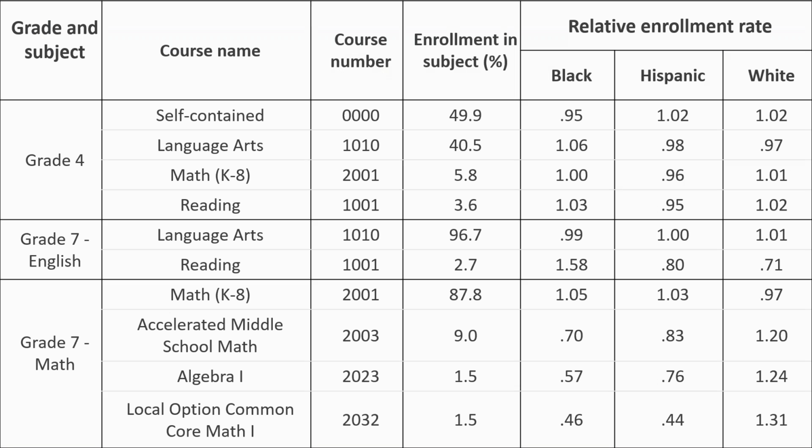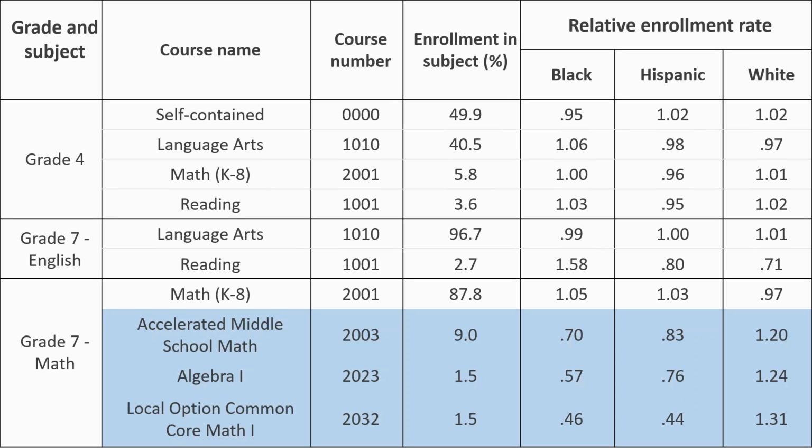Answer, yes. So I had a previous table like this, but now I've put on 3 more columns. And on the right, you have an index where 1 says this group took this course as much as everybody else did. Over 1, it says this group was disproportionately in this class.